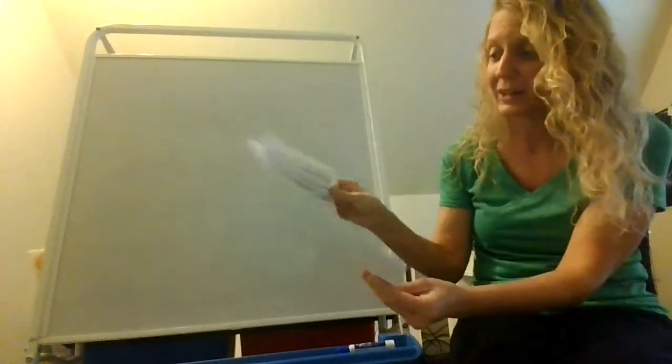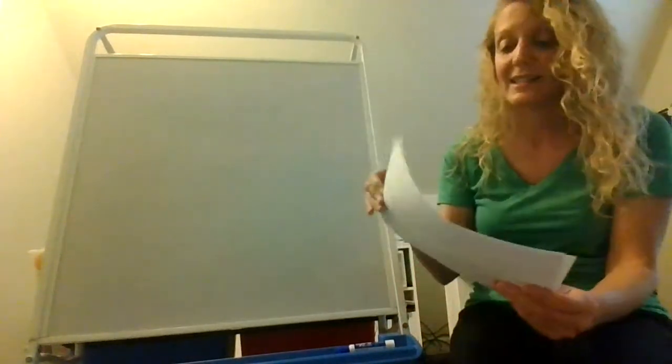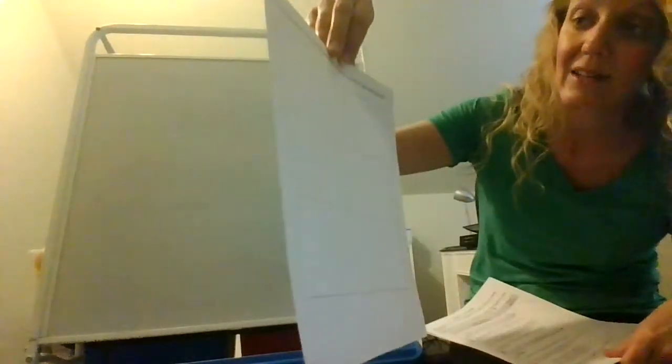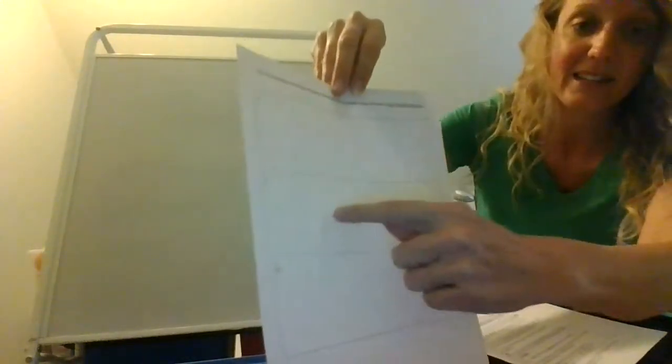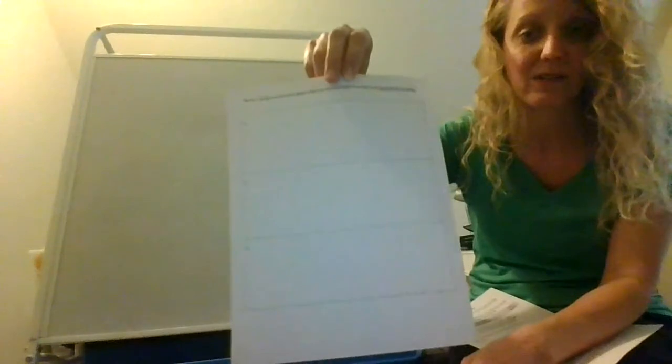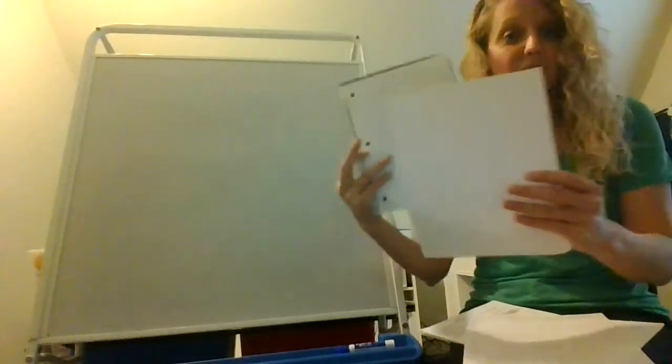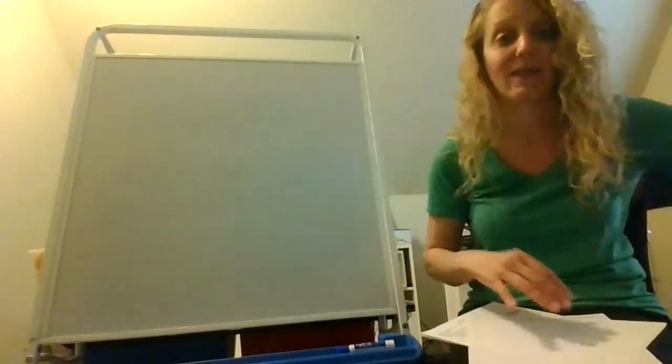On day 4, I sent this in the email to your parents. You're just going to write 3 things that you learn after we read the story. But if you don't have this and you can't print it out, remember you can use any paper that you have and just write 3 sentences that you learned on that paper.